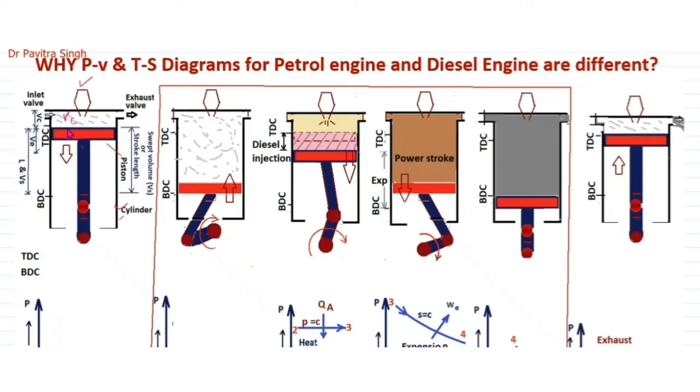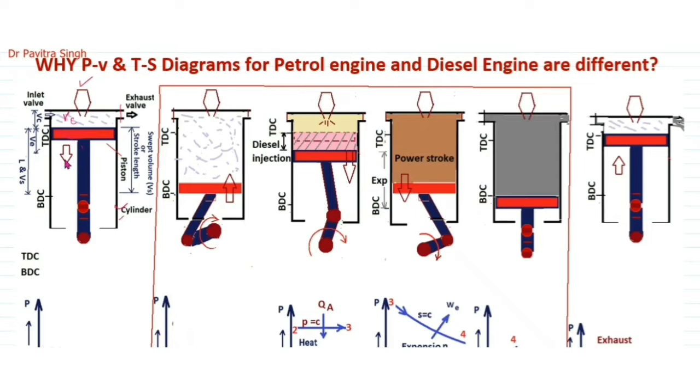Here you can see the piston is at the top dead center, and now it is moving vertically downward. In this situation the exhaust valve will be closed and the inlet will be open, and the piston will suck air into the cylinder during this movement.